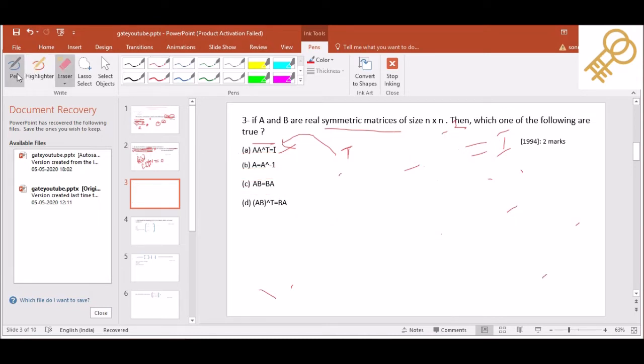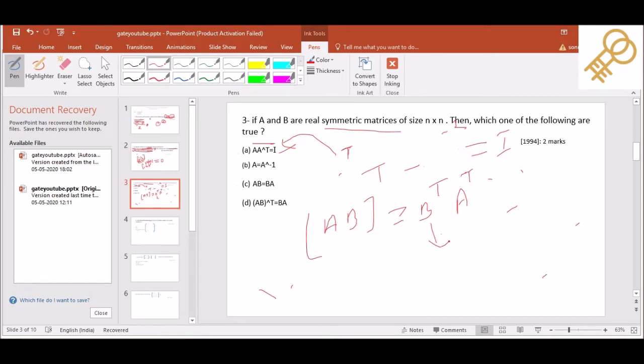Now coming to option D, you have AB whole transpose. I hope you are familiar with the transpose properties. This is equal to B transpose A transpose, if you want to separate both matrices.